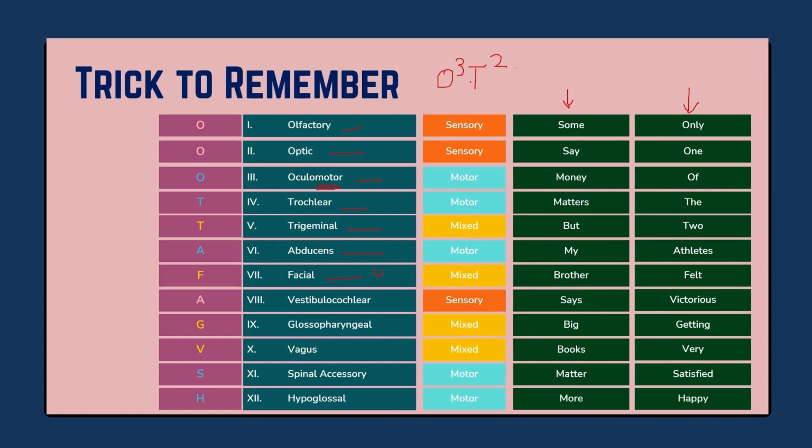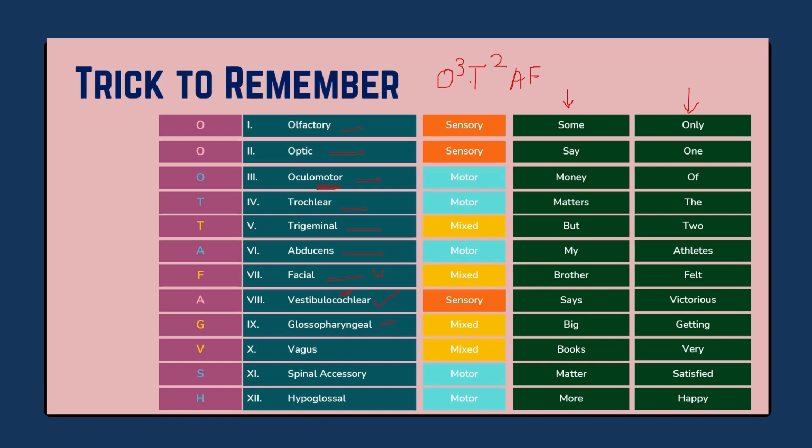So that makes it A, F, and then we have vestibulocochlear. Now what was that for? We said cochlea is a part of the ear and it is responsible for sound and balance.